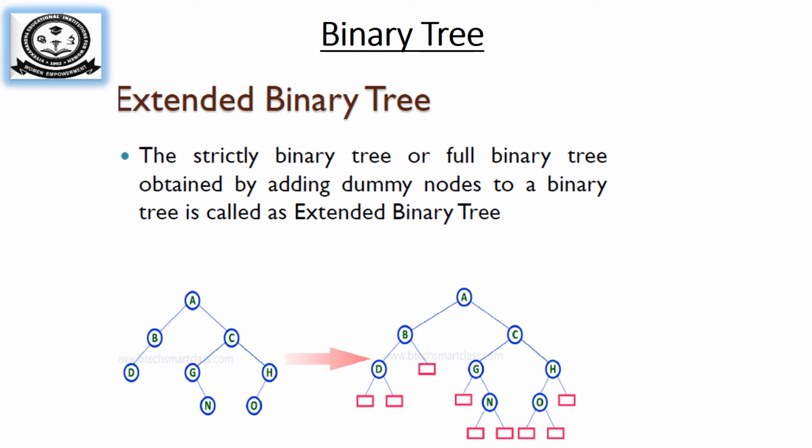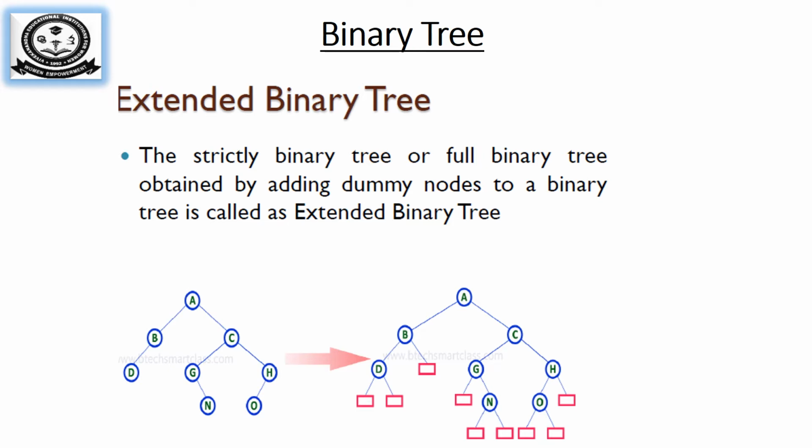Now the advantage or application of this extended binary tree is, one, to calculate the weighted path length. If the edges have been weighted, if you give some numbers to the edges, we can calculate the total length or total weight of the path. So that is one of the applications of the extended binary tree.